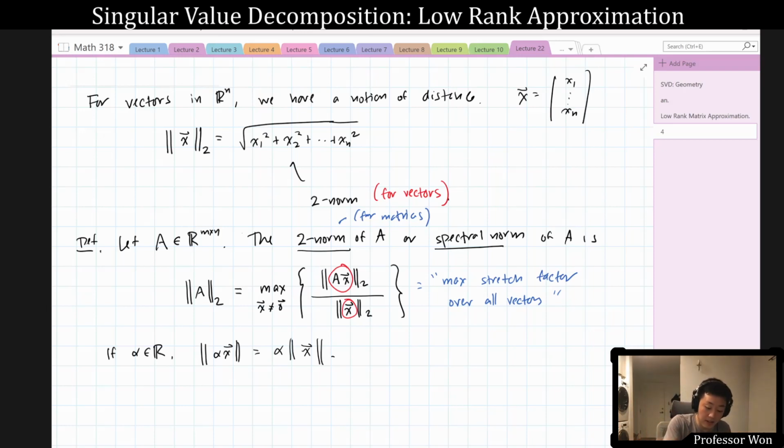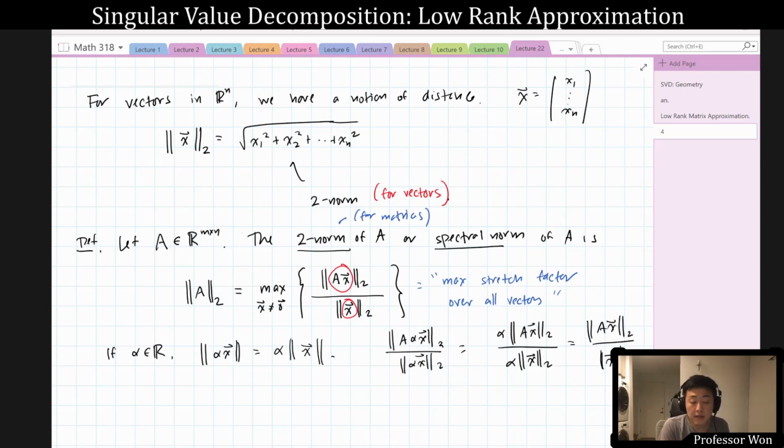Right? So because this is true, this is equal to alpha times Ax over alpha times x, which is just Ax over x, which means that we don't need to worry about different scalings. We might as well take all the vectors to be unit vectors.